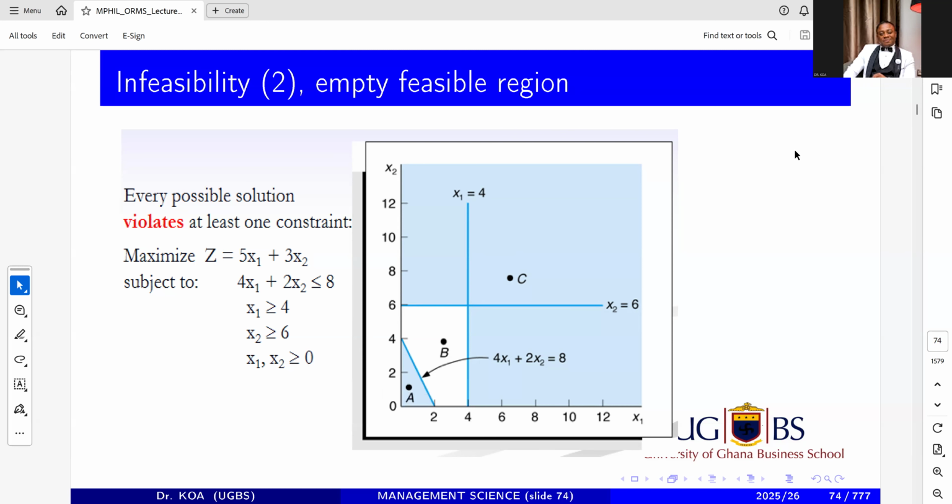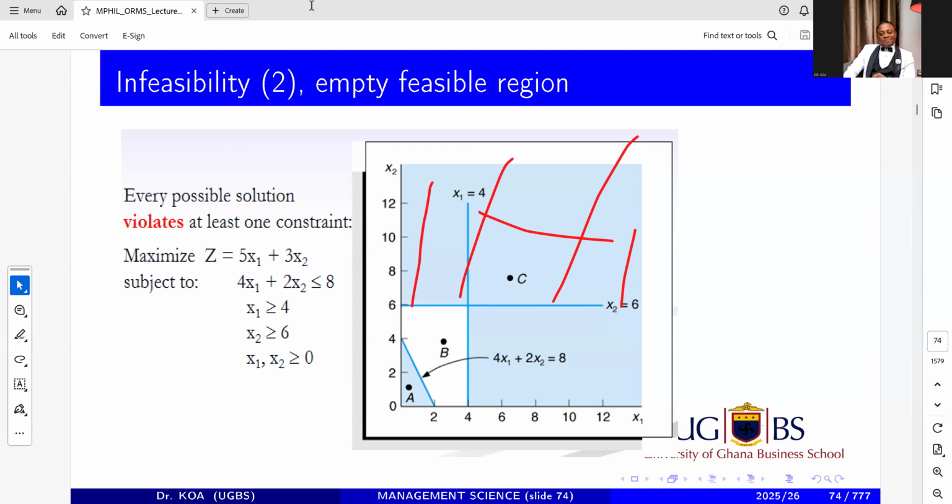So when it comes to X1, the shading is going to be everything here, above 4. X2 says that everything above 6. So X2 is everything above 6, but it is X2, not X1. Everything above 6 is what we are shading. That's what X2 is looking for.